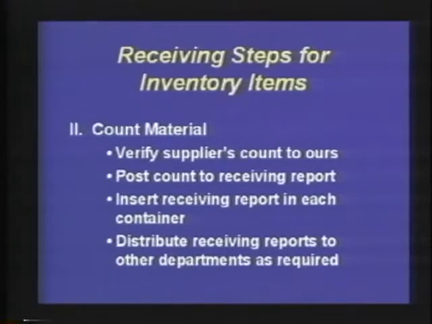If we have 2 or more containers, a receiving report should go into each container. This is part of the discipline of the storage which is required, because all the containers may not go into the same bin location. So every container would have an indication of who actually counted the material, the date it was counted, and what the count is per container.